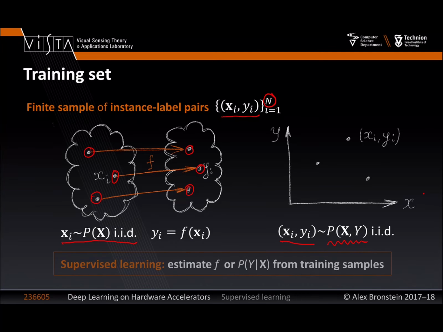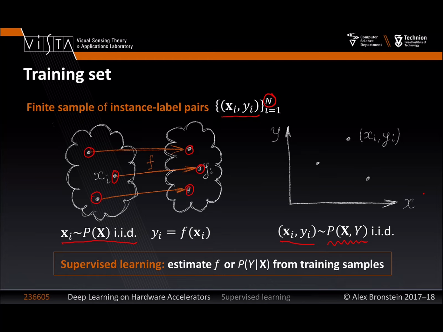In this setting, the goal of supervised learning is, given this finite sample, to estimate the conditional distribution of the label given the instance, P(y|x). Okay? So estimating this conditional distribution is essentially estimating the map, or its stochastic version, between the instance space and the label space.